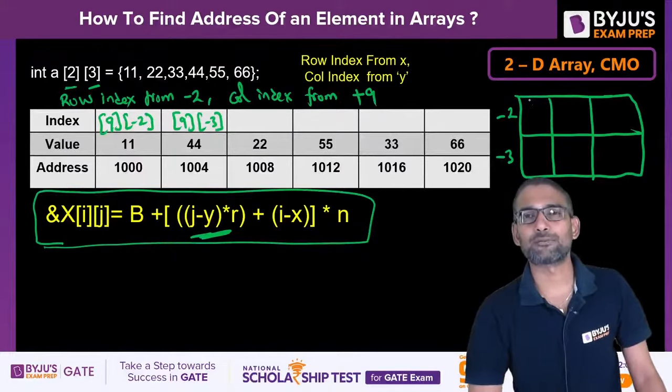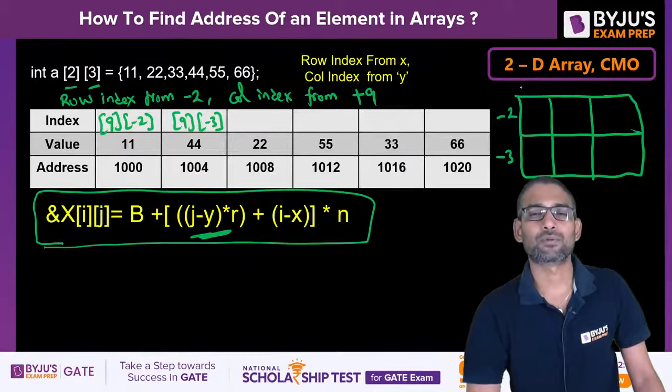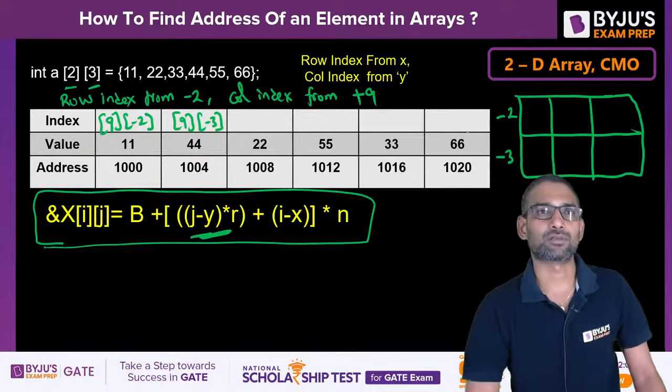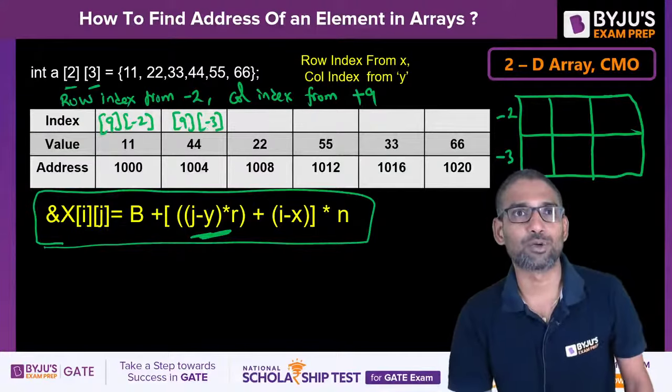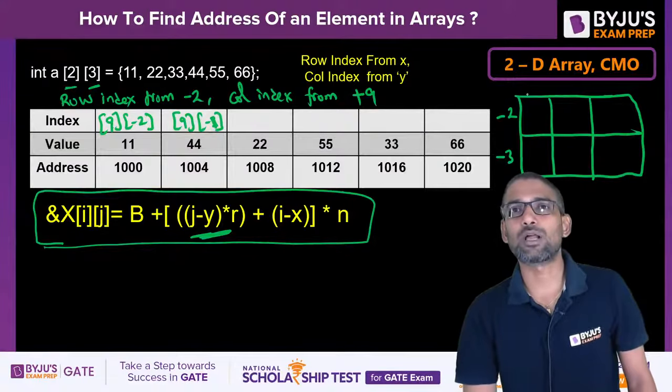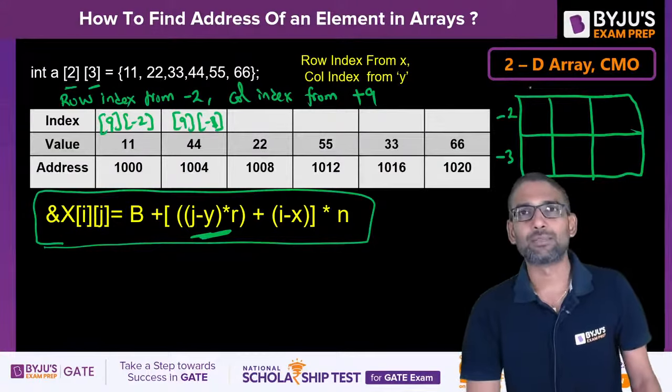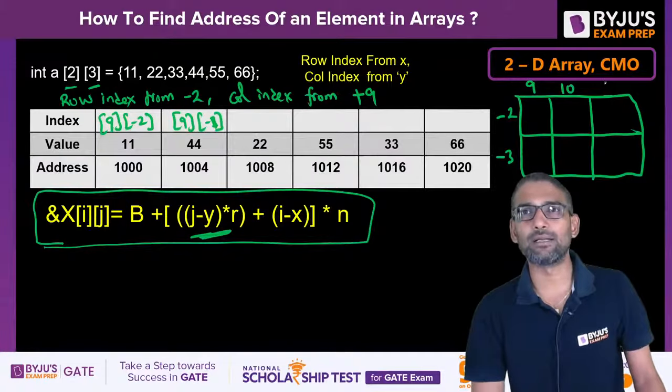Column index started from -2, -1, because it is growing, -1. Column index started from 9, +9. So 9, 10, 11.